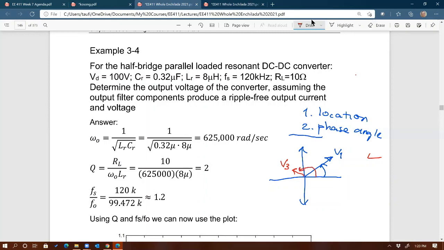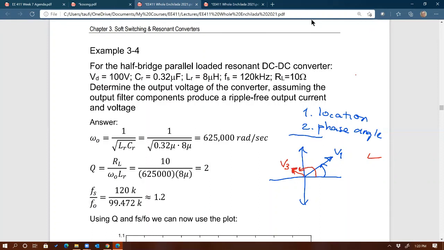So the sensor for active harmonic filters must be able to, number one, find the location of these harmonics, in this case 3 times the frequency, and then find the angle, which is this one right here.